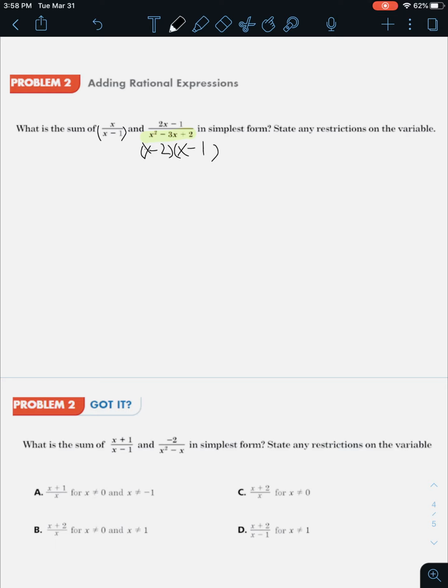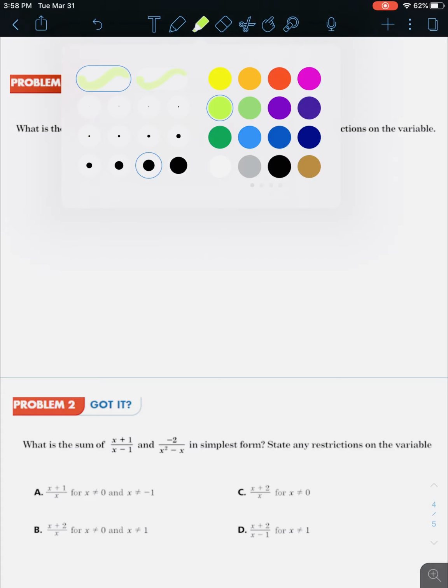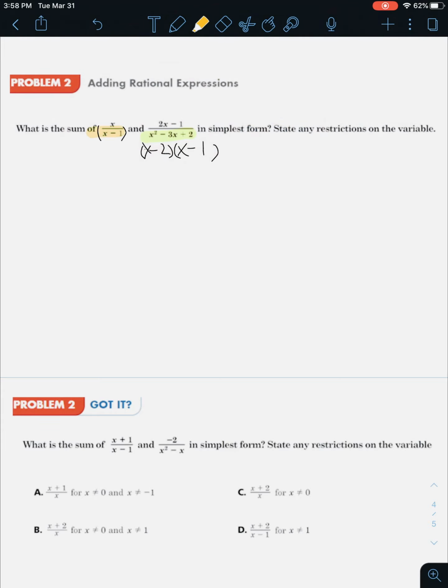Now, if we took this term in its factored form, disregarding the trinomial right now, we're going to work with the factored form. So, x minus 1 and x minus 1, x minus 2. I chose to write those minus 1s on top of each other.